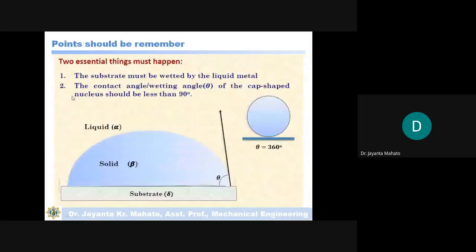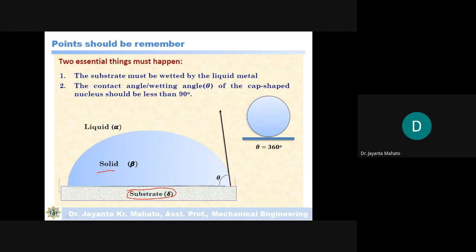So there are 2 points that you have to remember. First, the substrate must be wetted by the liquid metal, and the wetting angle, theta, should be less than 90 degrees. Here, this is the substrate, and this is the forming of nuclei, which means it just starts forming solid.